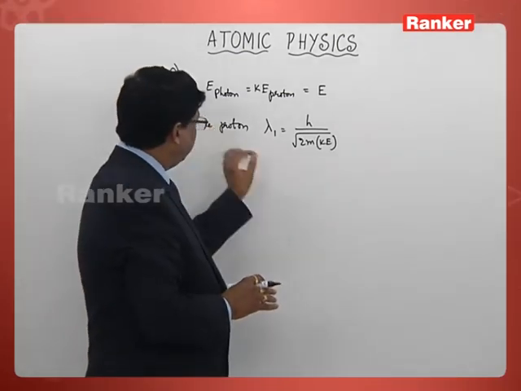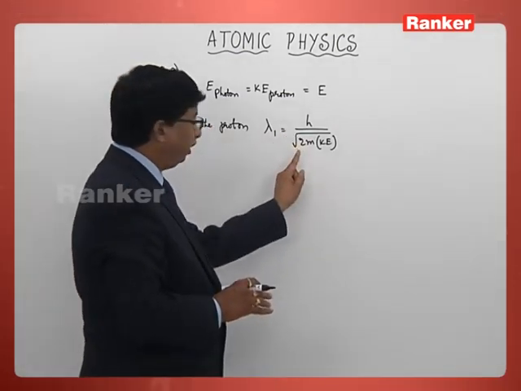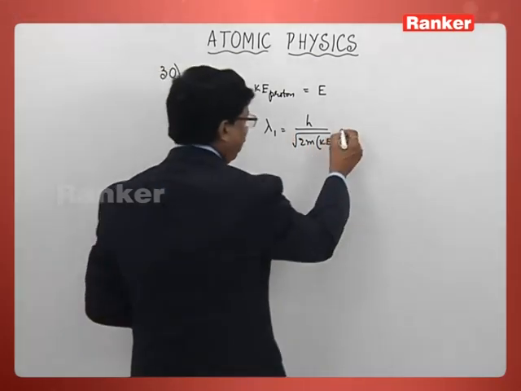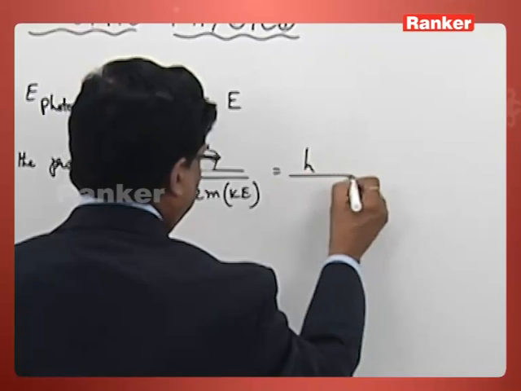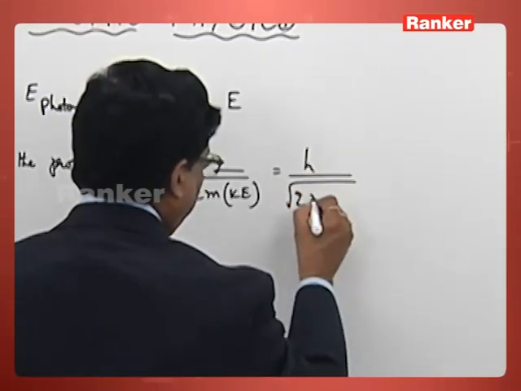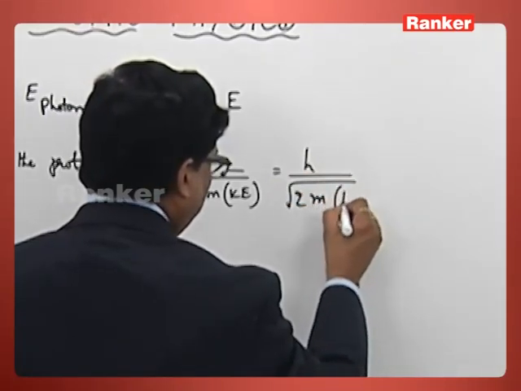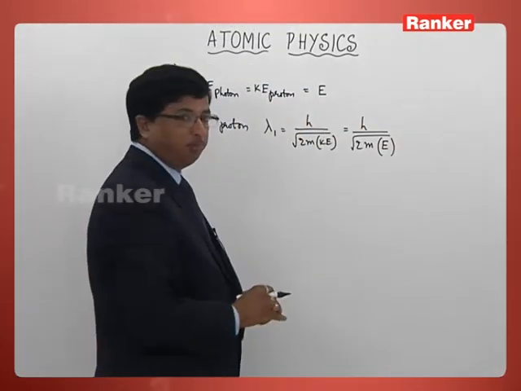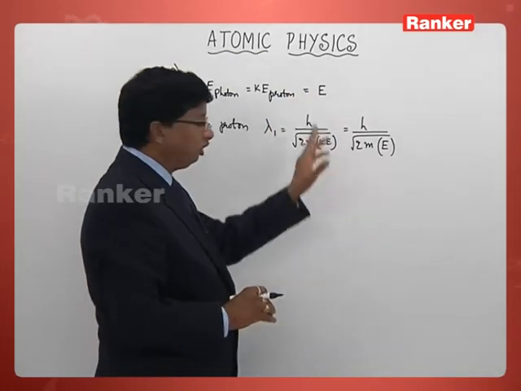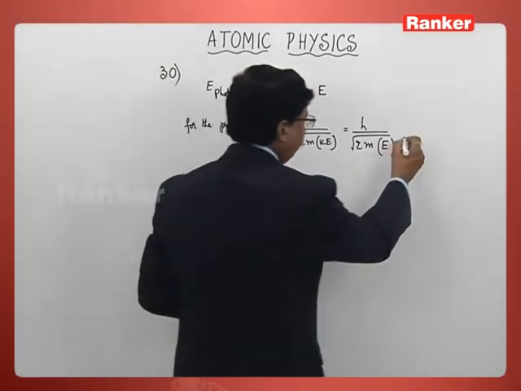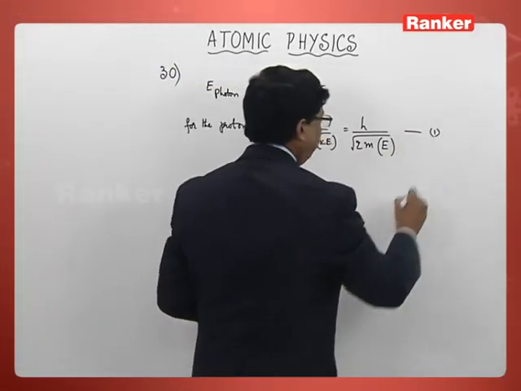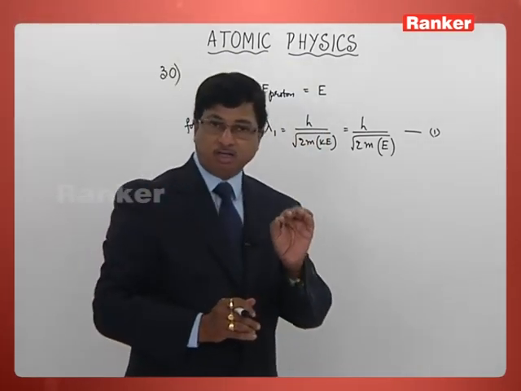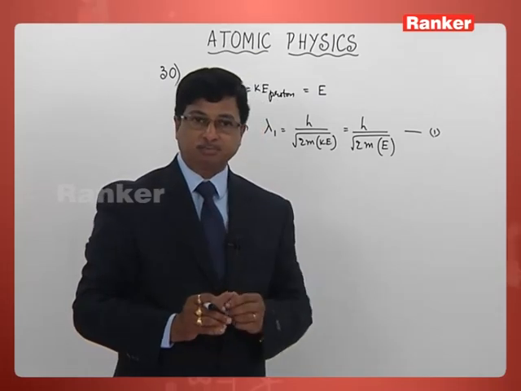For the proton, lambda is h by under root 2m into KE. I now rewrite the same as h by under root 2m into E, because he has already mentioned the kinetic energy of proton is equal to E. So this is my first equation as far as proton, which is the particle, that is concerned.